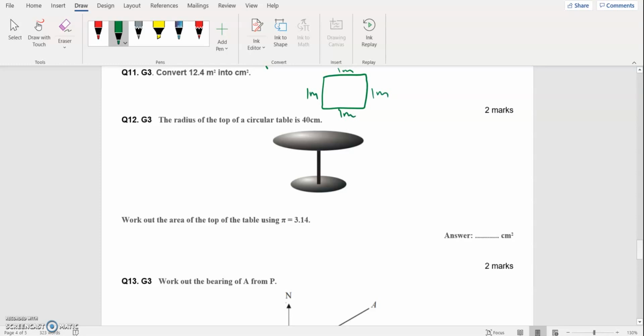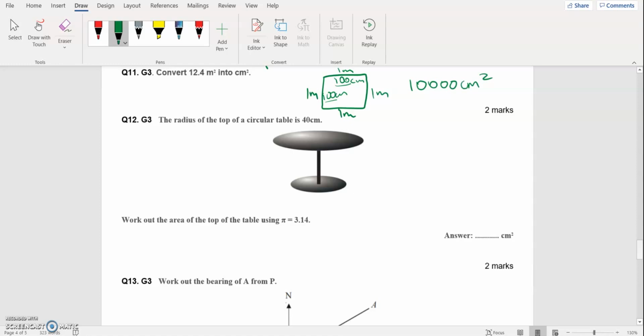So 1 meter is 100 centimeters. So this means 100 times 100, which is 10,000 centimeters squared, or squared centimeters.